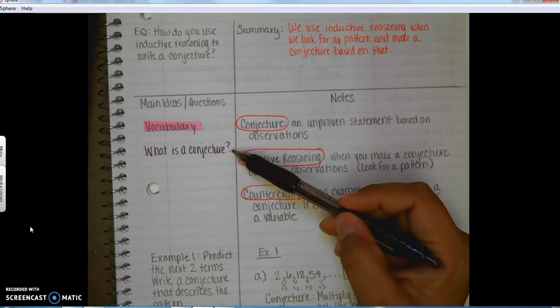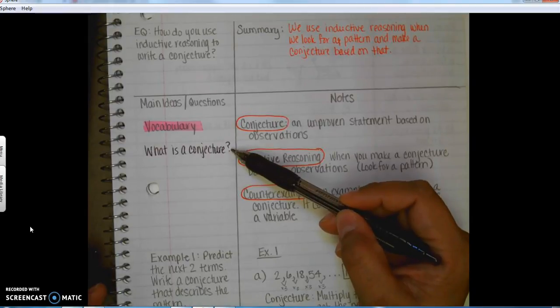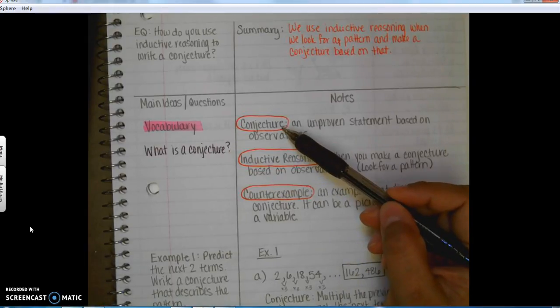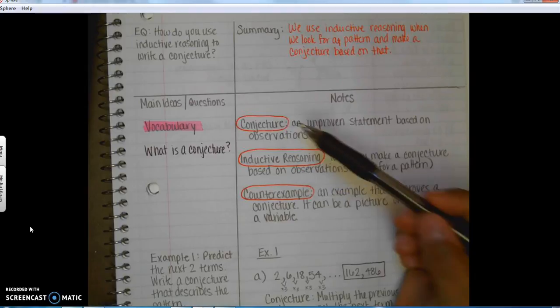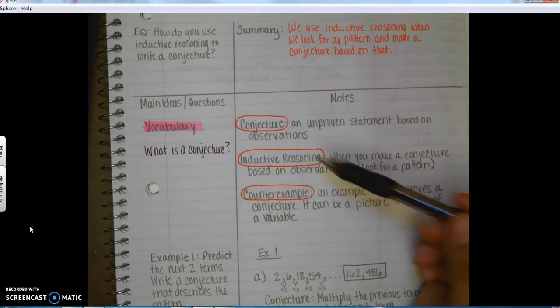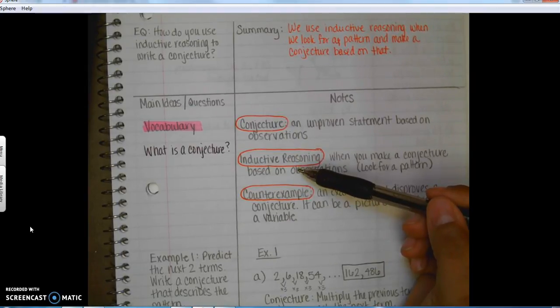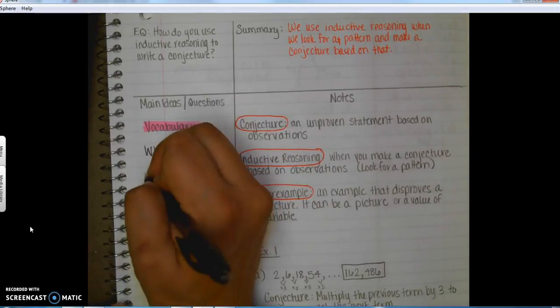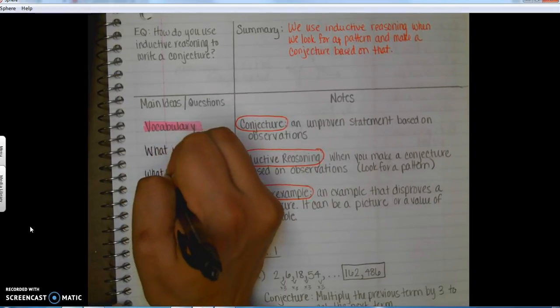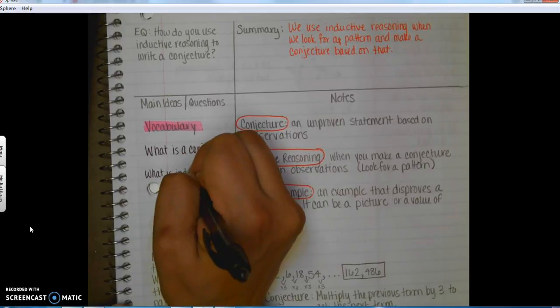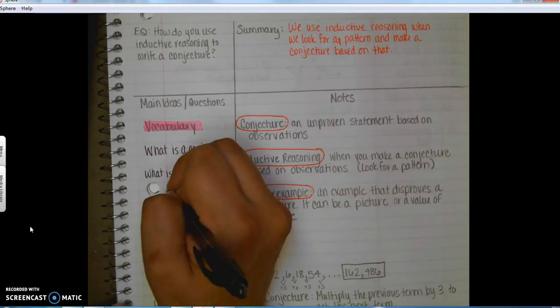And that's what we call a level 1 question, because the answer is easy: oh, there's the answer right there. Or they could say, what is inductive reasoning? Those are all level 1s.